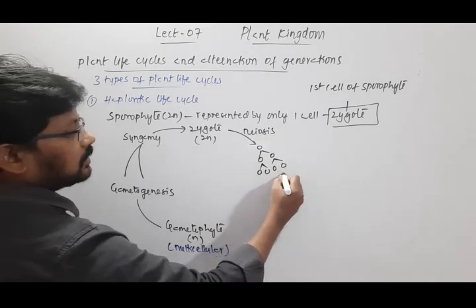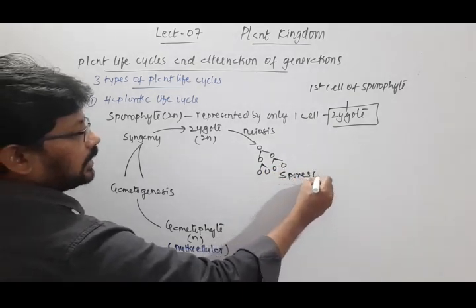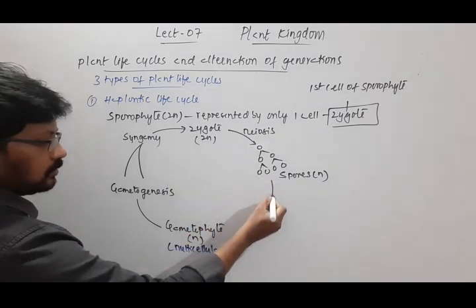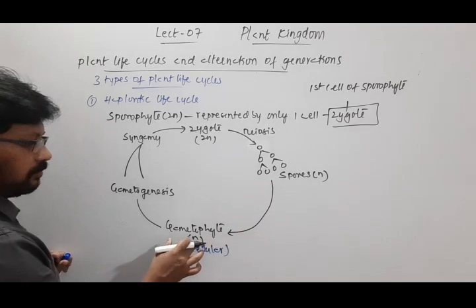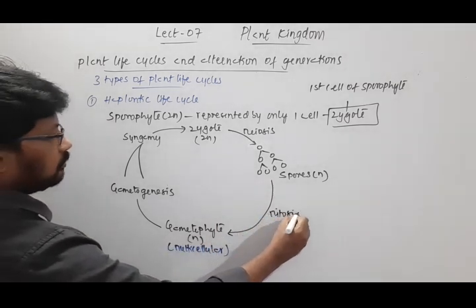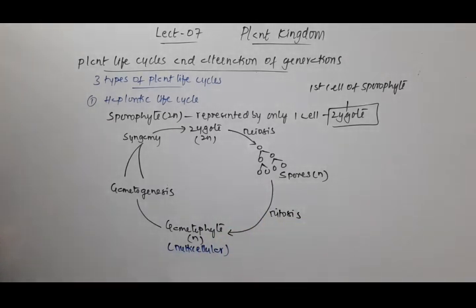So these are spores and they are haploid. And now these haploid spores are going to develop into gametophyte, of course, by means of mitosis. Of course, here the gametophyte produces gametes by gametogenesis, and that will be by mitosis.